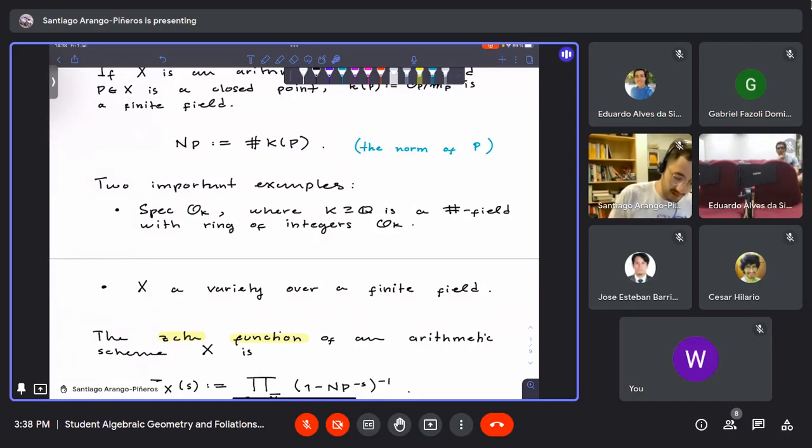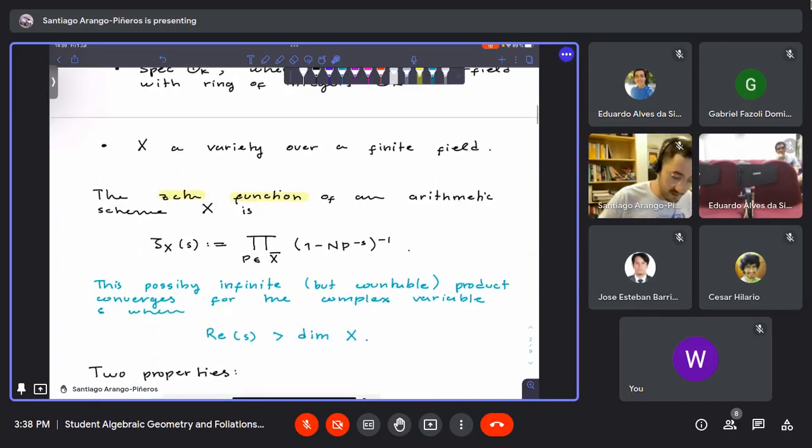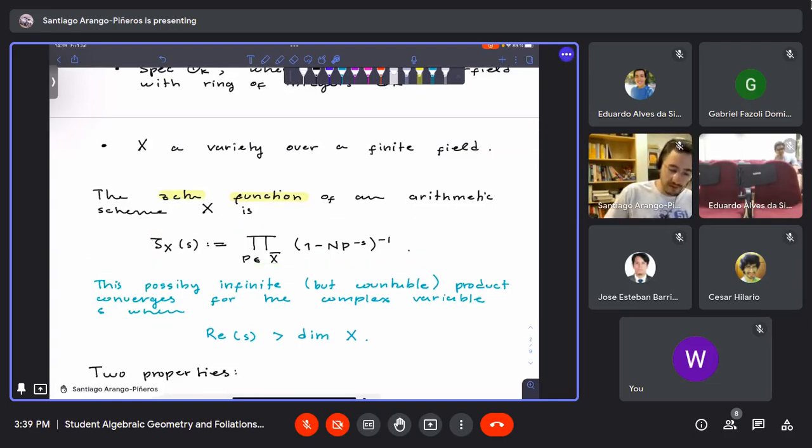A second important class are varieties over finite fields, so solutions to polynomial equations over some finite field. And for an arithmetic scheme, we define the zeta function of X to be the product over all closed points of 1 minus the norm to the minus s, inverse.